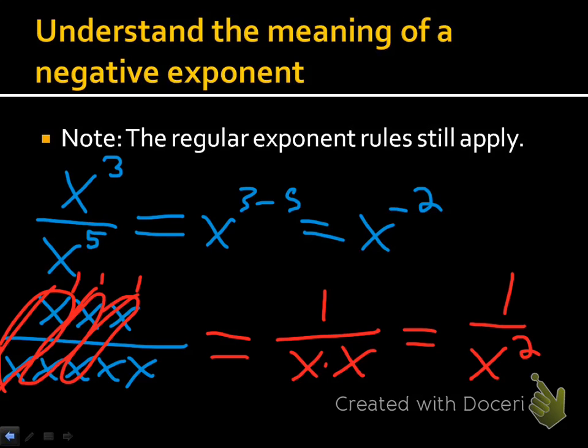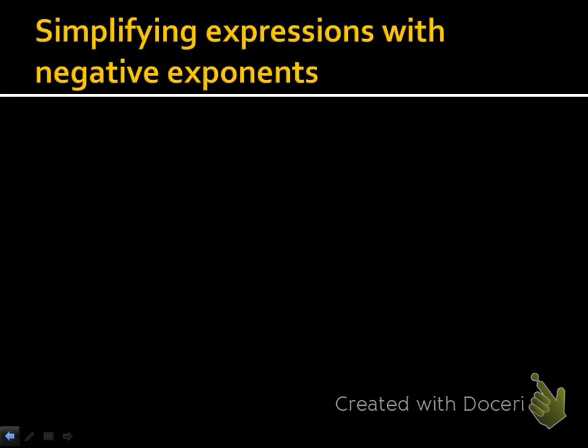So I think that we could say that an x to the negative power is actually 1 over x to that power. Okay, that's a big idea. That's an idea you want to fully understand. So let's look at some examples of how to deal with these. For instance, if I had x to the negative 5, we could rewrite that as 1 over x to the fifth.